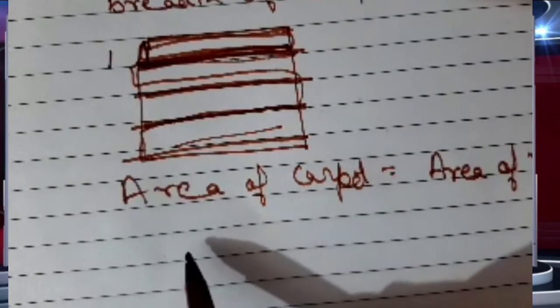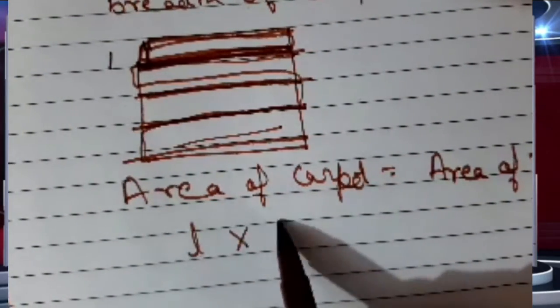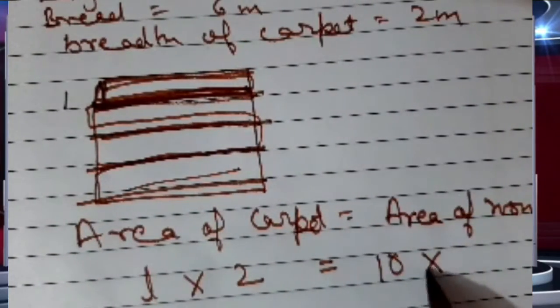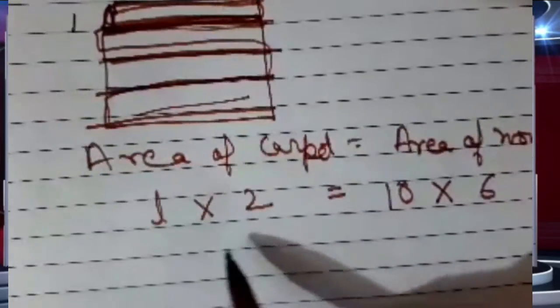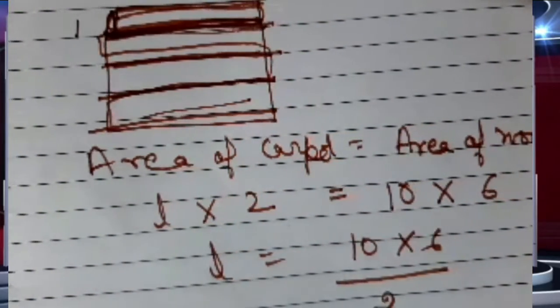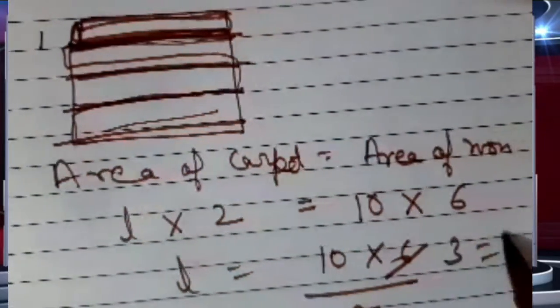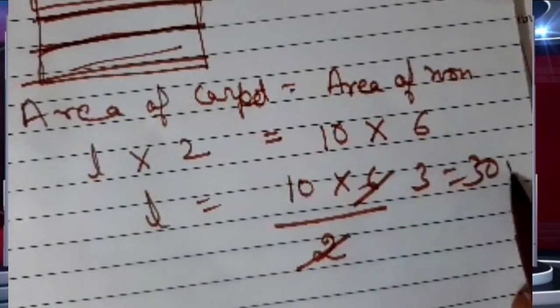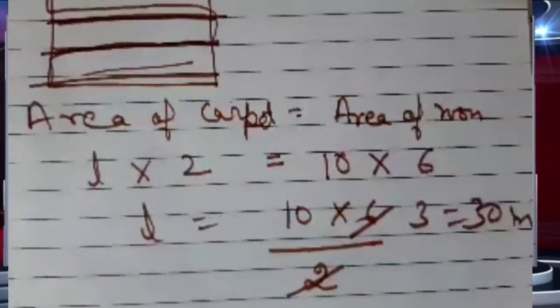Now area of carpet is length into breadth. Length I don't know, so I'll take it as L and breadth is 2 meters. And area of room, length is given 10 and breadth is given 6. Now I'll find out length, that is 10 into 6 upon 2. So here it is 30. So I got the length is 30 meters. So length of the carpet is 30 meters.